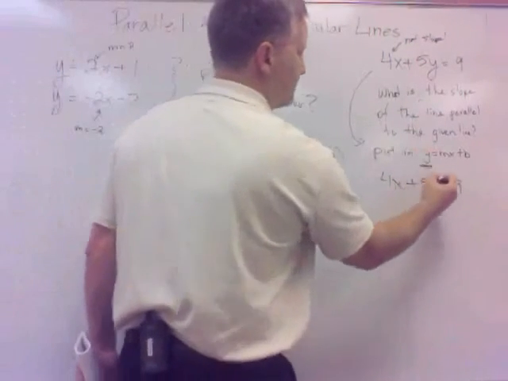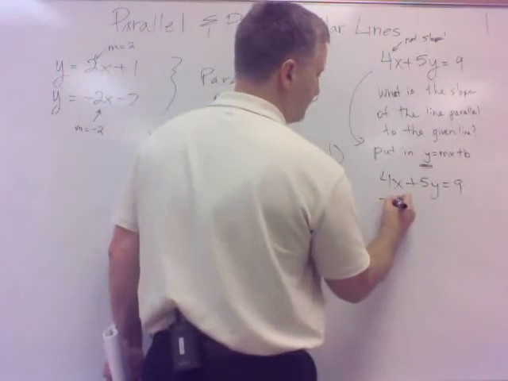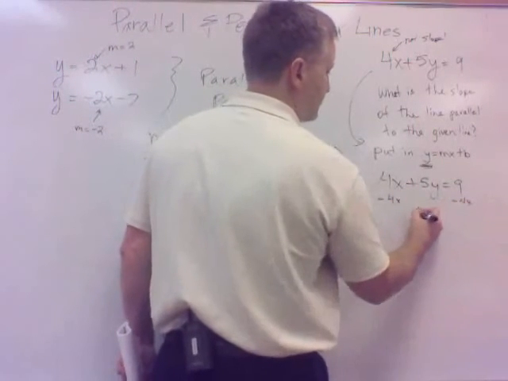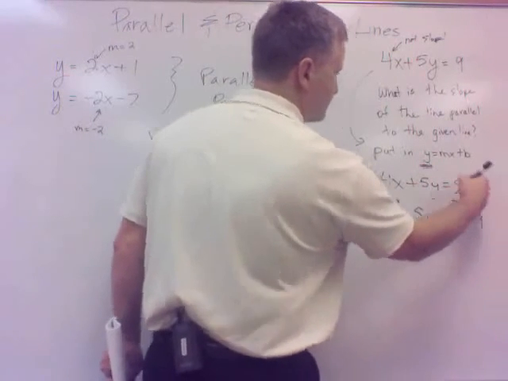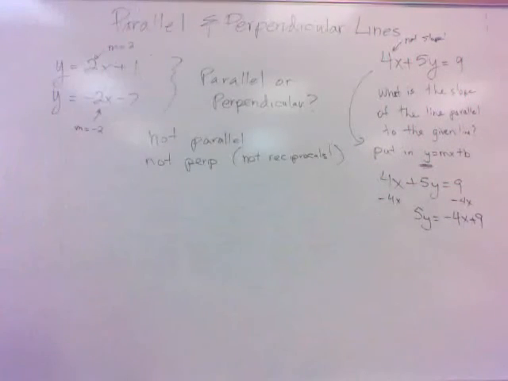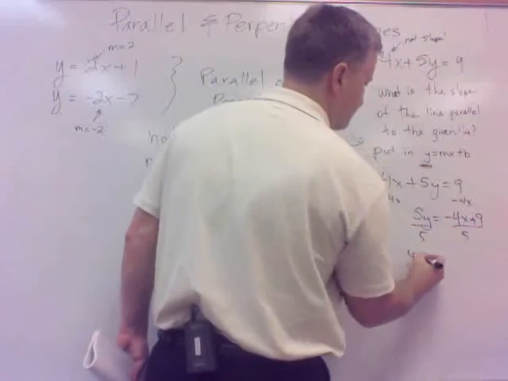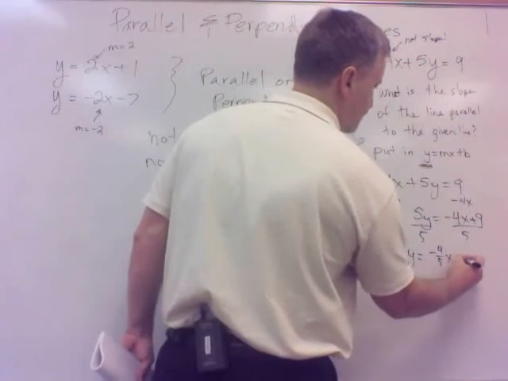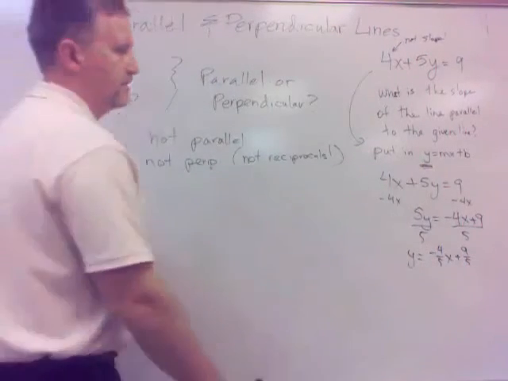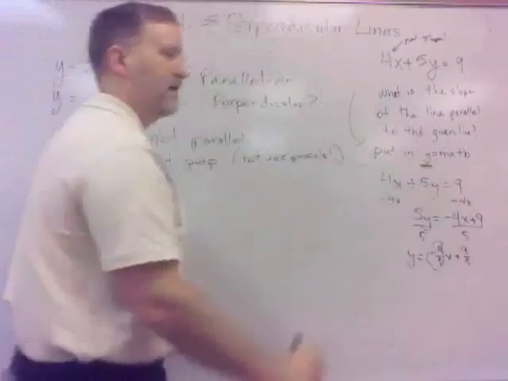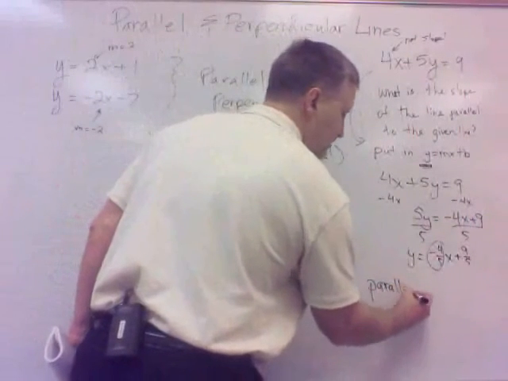So I'm going to subtract 4x. Did this last time, I believe. And of course, this side, I choose to write as minus 4x plus 9. Then divide both sides by 5, so that winds up being negative 4/5 x plus 9/5. Both terms get divided by 5. So yeah, this slope is minus 4/5. So the parallel slope would be the same thing, right?